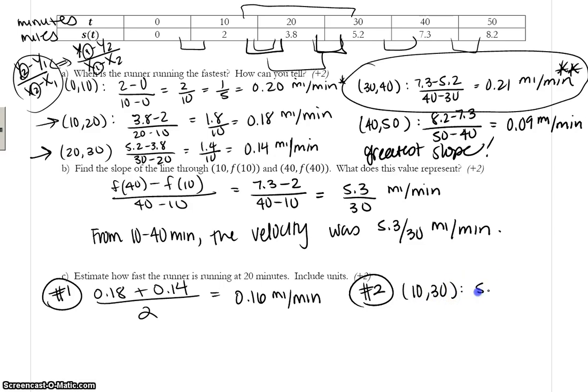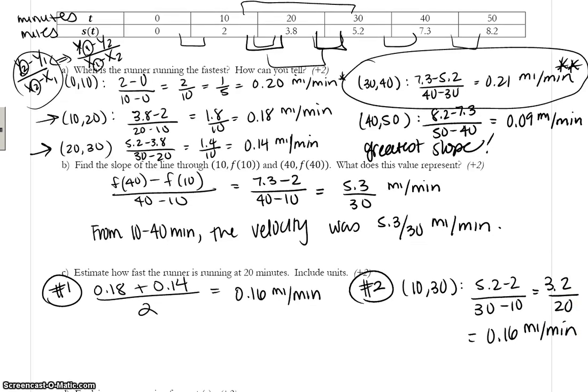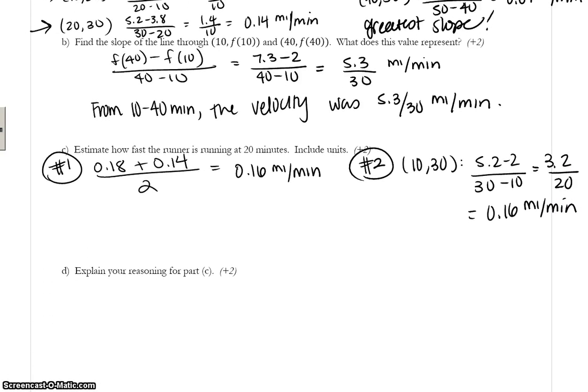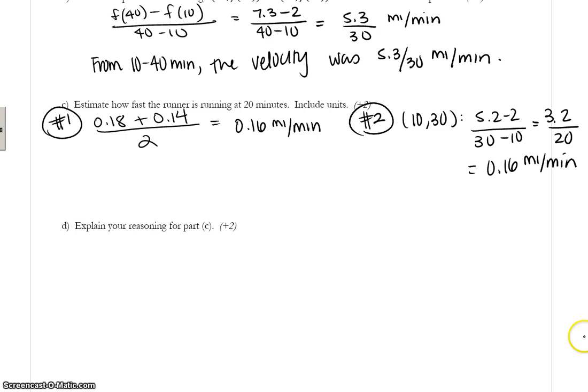And that gives us 5.2 minus 2 over 30 minus 10, which gives you 3.2 over 20, which is also equal to 0.16 miles per minute. So you could do either way. Either way was fine. So just know that you have two options when you're looking at a specific time interval.